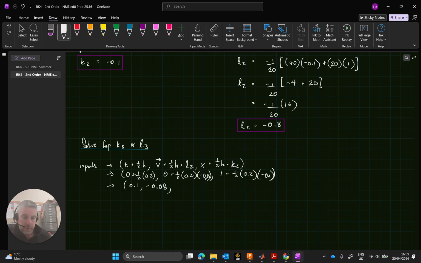This one here, 1 plus 1/2 of 0.2 multiplied by K2. Half of 0.2 is 0.1 multiplied by minus 0.1 is minus 0.01. Take that off of 1 and we're at 0.99.